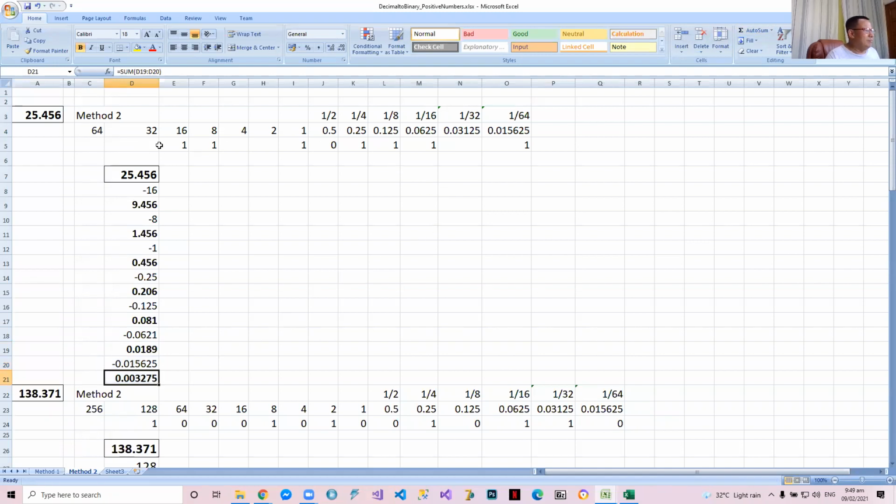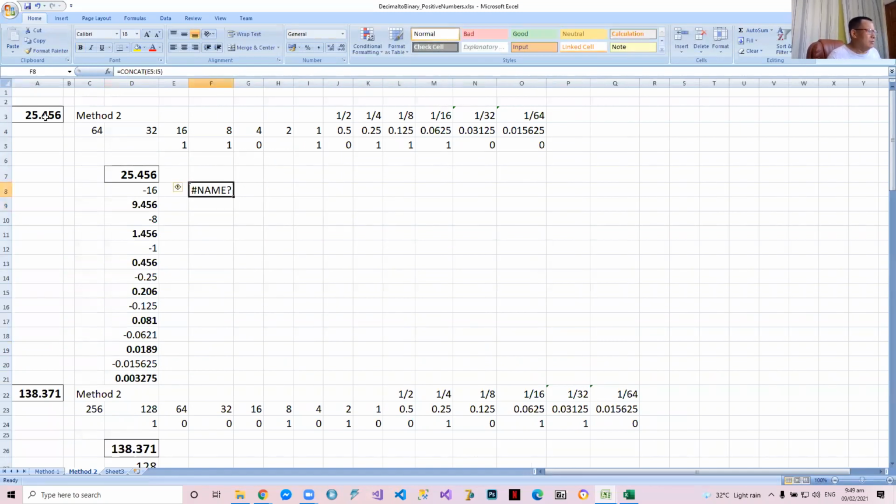So our answer will be, then we mark this as zeros. So our answer will be just do a concat, no? Why won't it concatenate?